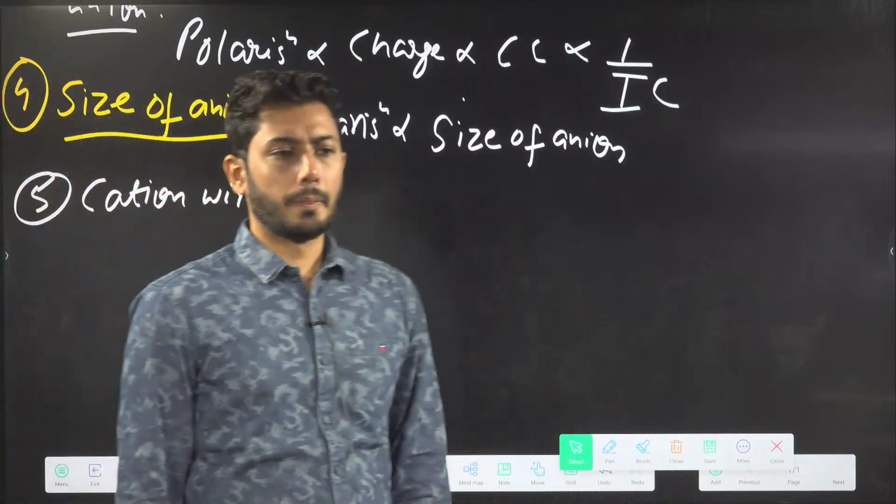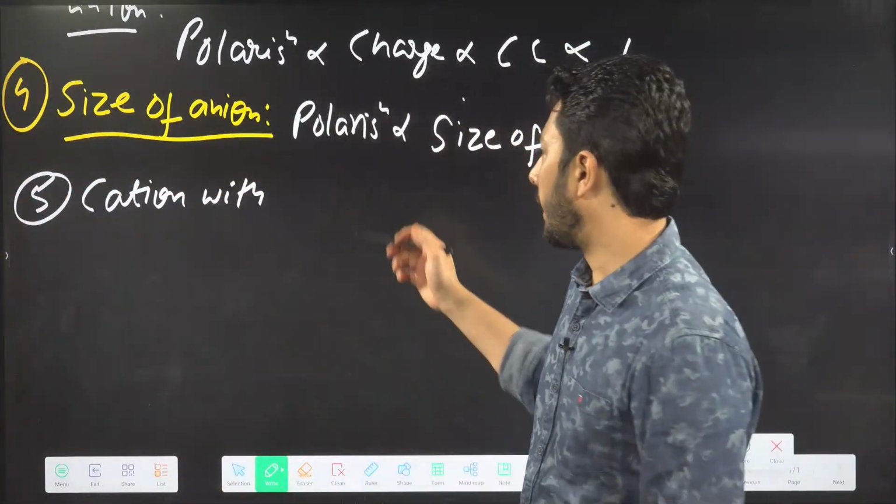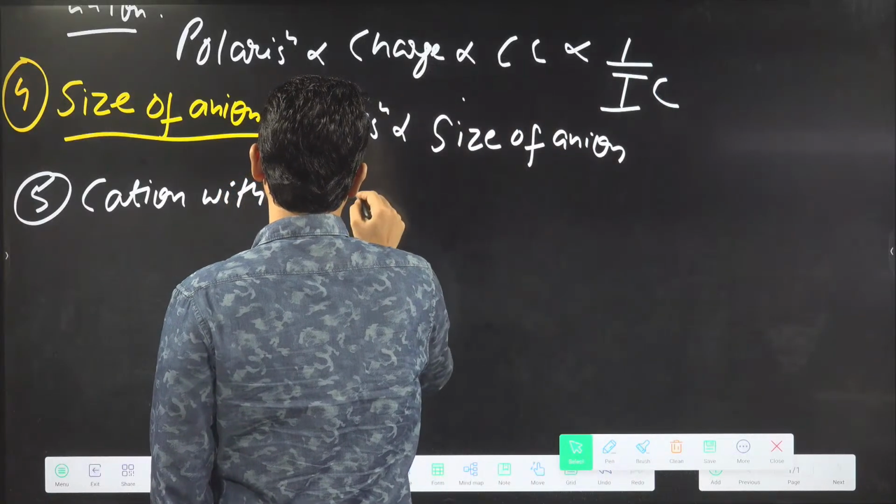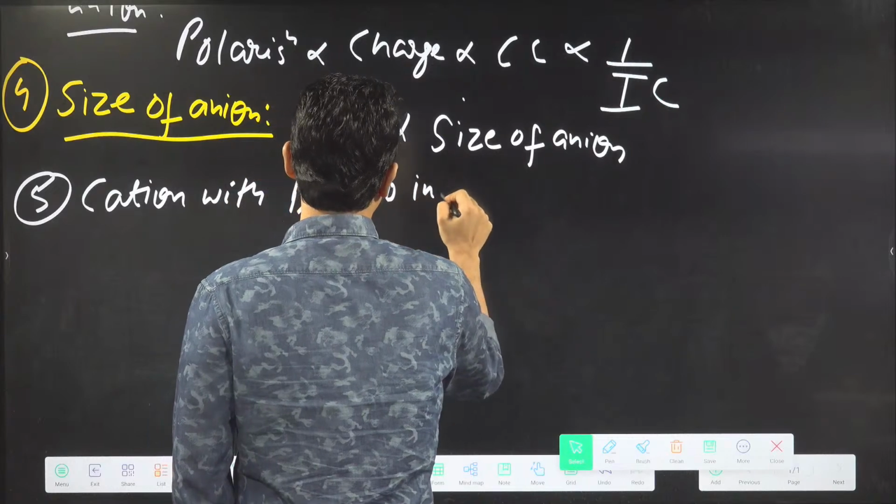Written 4 points. Fifth point is cation with pseudo inert gas configuration.